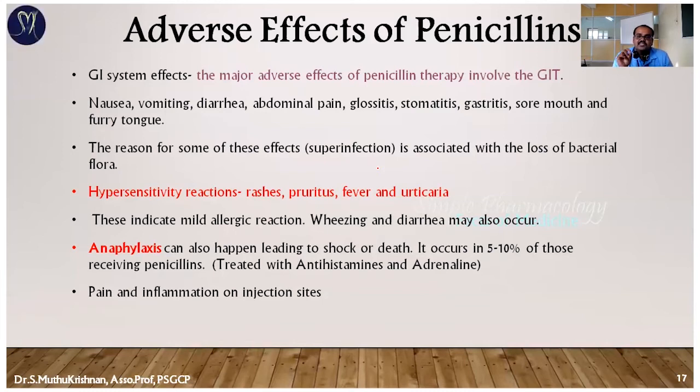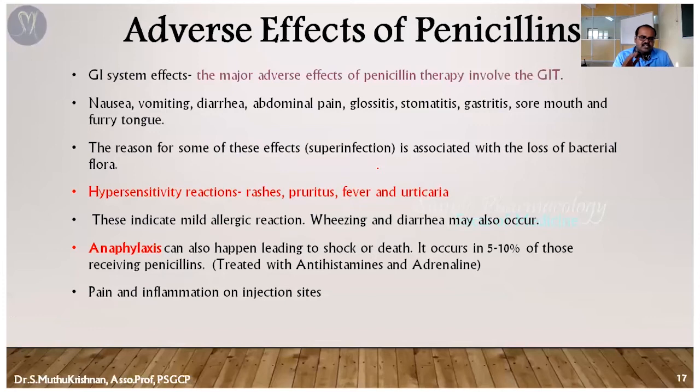That's the reason it's called an antibiotic: we get the product from a biological organism, a fungus, and it is active against another biological organism, bacteria. Since it's a fungal product, it may cause allergic reactions, one of the major things. It may produce hypersensitivity reactions or severe allergic reactions.